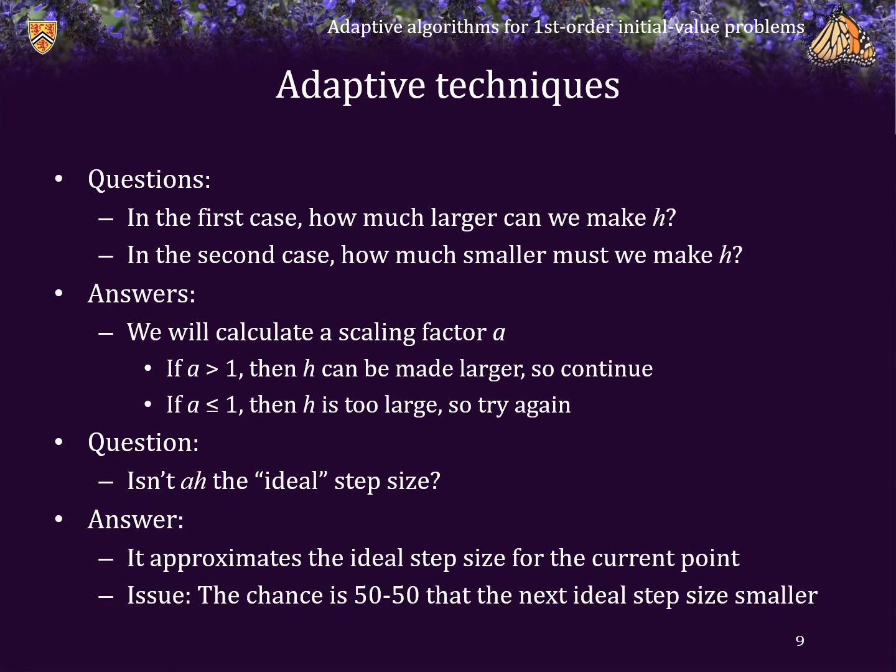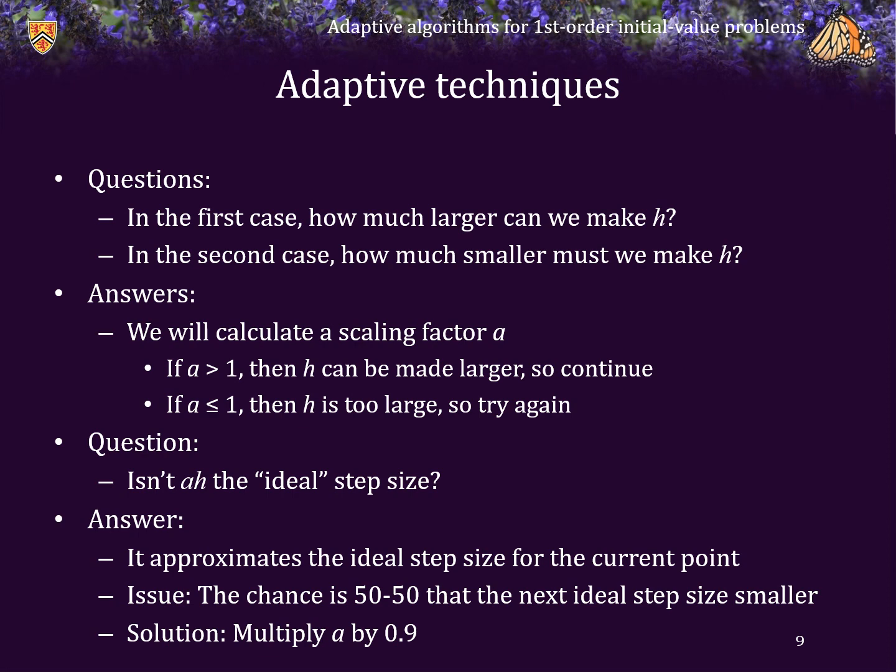But it's also a problem for the next step, because at the next step, the ideal step size may be either ever so slightly larger or slightly smaller, and it's essentially going to be a 50-50 shot. Now, if the ideal step size is smaller, then that means with the next step, we'll actually have to automatically recalculate with a smaller value of h.